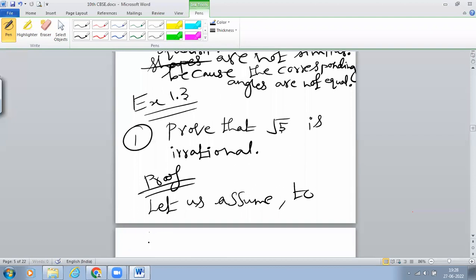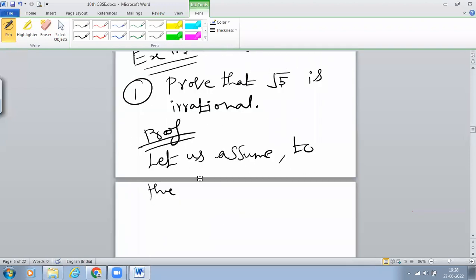To the contrary means to the opposite, because we have to prove it is irrational, but we are assuming the opposite, that it is rational. Let us assume to the contrary that root 5 is rational.